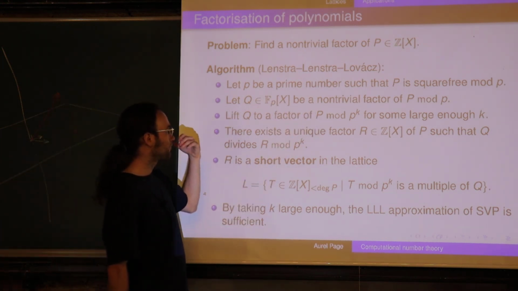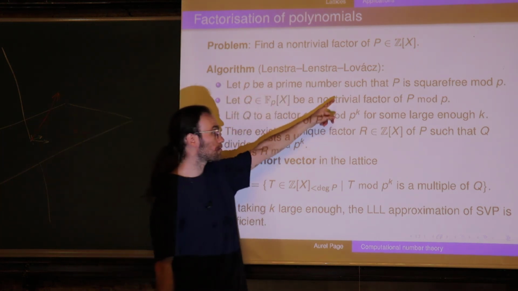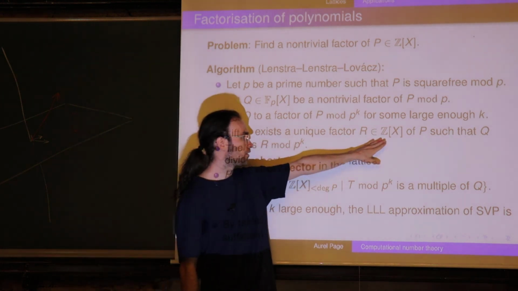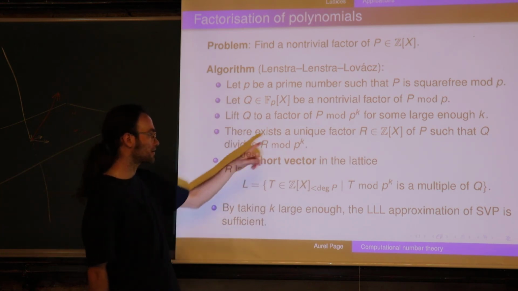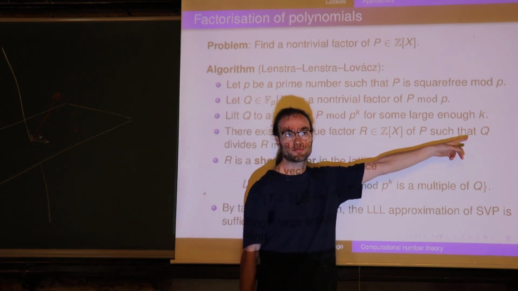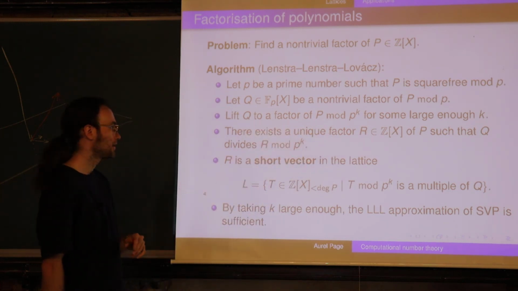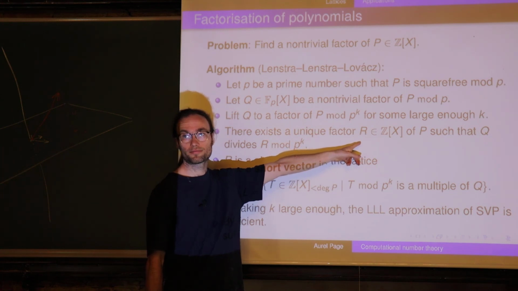And because you chose P in a way that your polynomial is square-free mod P, there's a unique factor R of the polynomial in Z that satisfies the property that it's divisible by Q mod P. There can only be one because of this square-free property. And you're going to try to find this R.